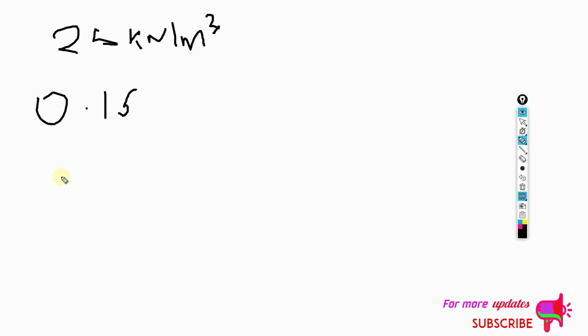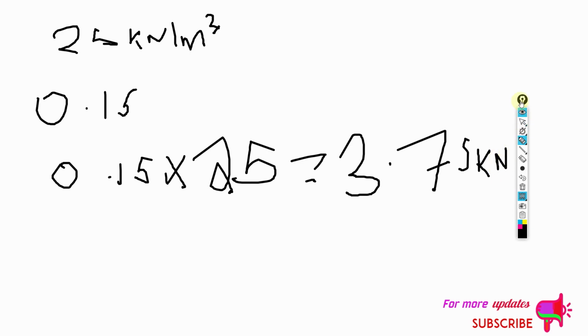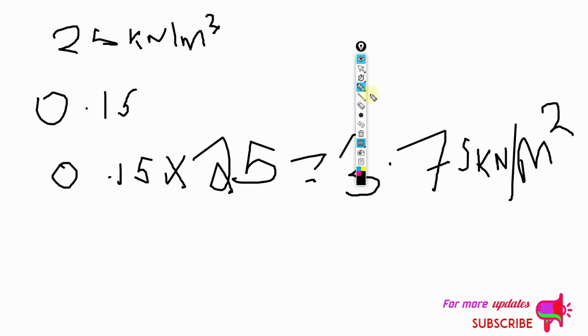So 0.15 multiplied by 25 will be about 3.75 kilonewtons per square meter. That is the distributed load on the area.